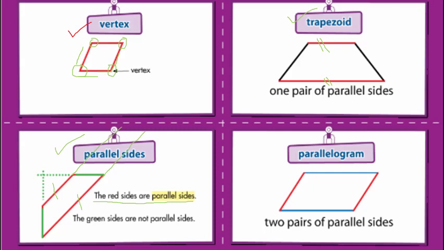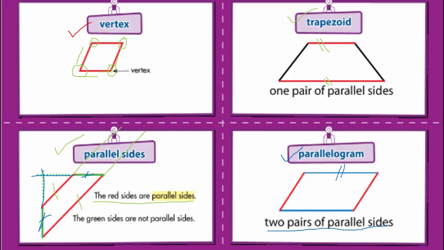But if you look at the green sides, they are not parallel. Why are they not parallel? Because at some point they will cut each other. So these are not parallel sides. Okay, then we have a parallelogram. It has two pairs of parallel sides.